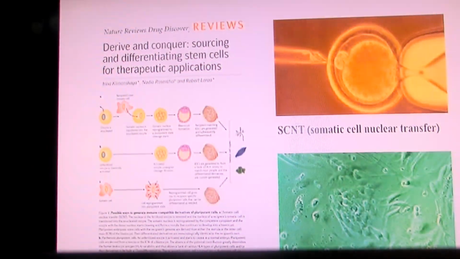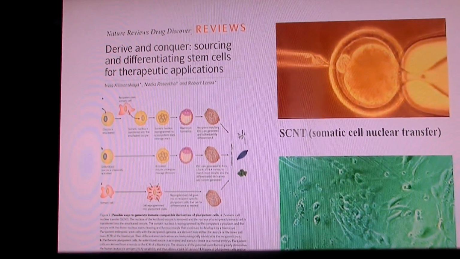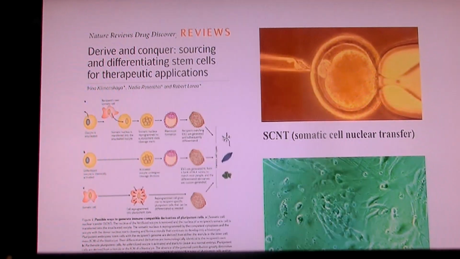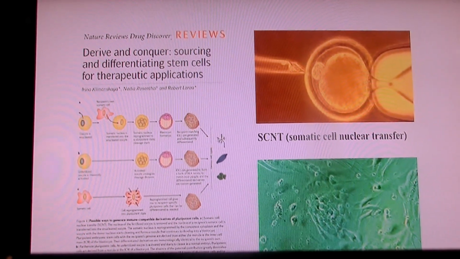So there are essentially two ways to make copies of cells and organisms. The first, and most controversial of course, is known as cloning, also somatic cell nuclear transfer, abbreviated as SCNT. The concept is very simple. You start with this egg, an empty egg, that's the large circle.